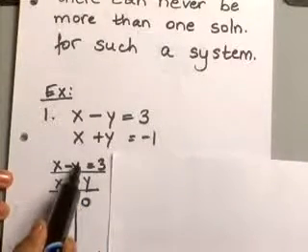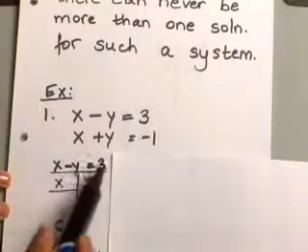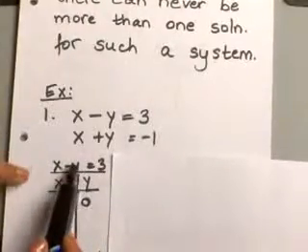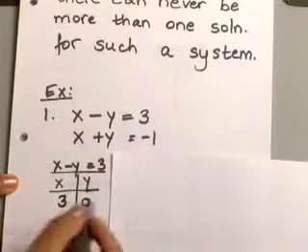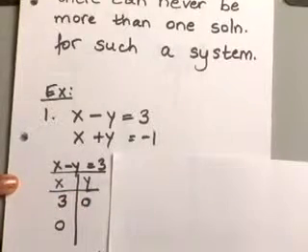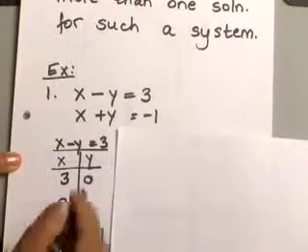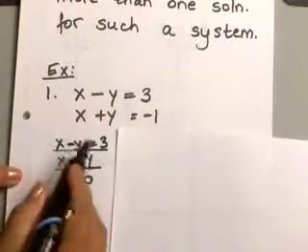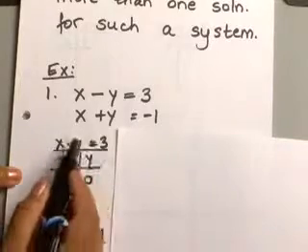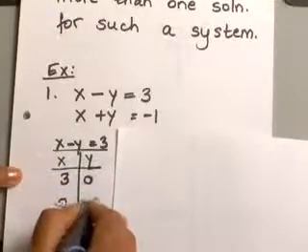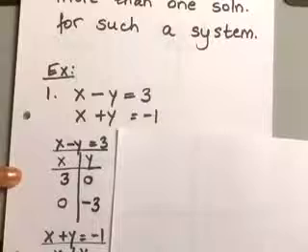So if I make y 0 in this equation, x minus y equals 3, y being 0 will give me x equals 3. So that's my 3, 0. If I make x 0, that will give me negative y equals 3, which is the same thing as y equals -3, and that will be my y-intercept, 0, -3.